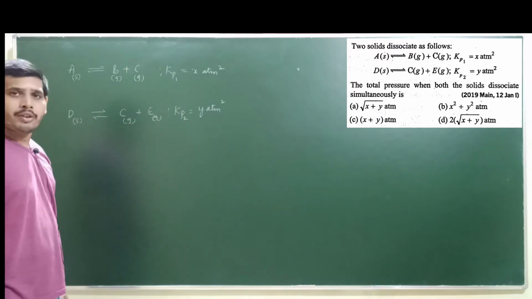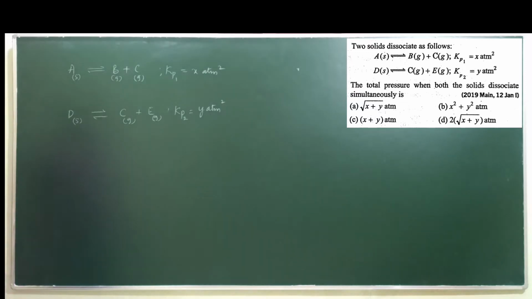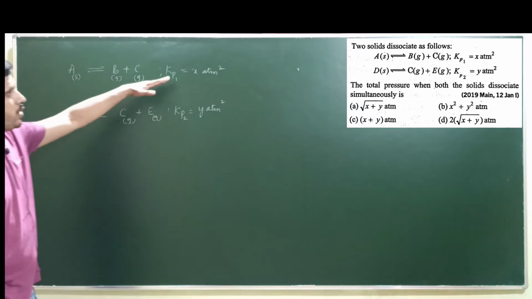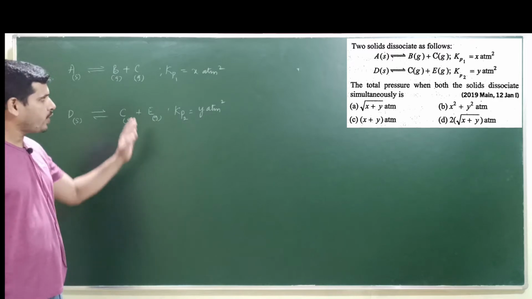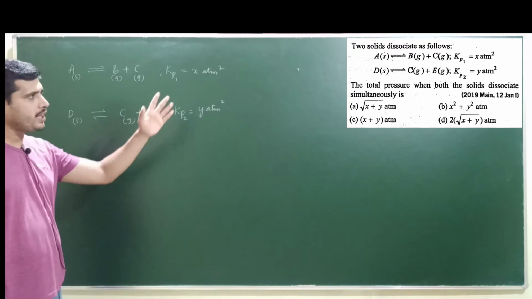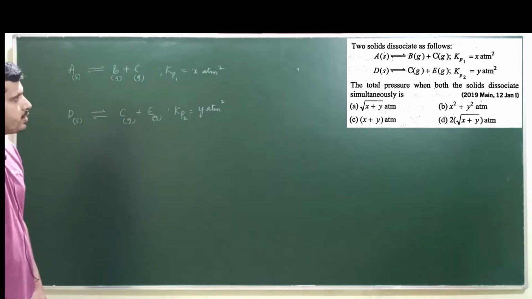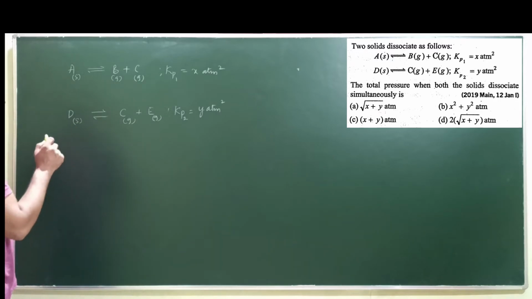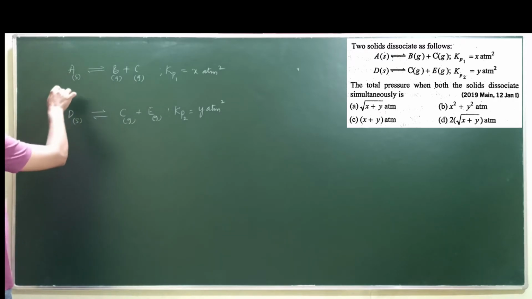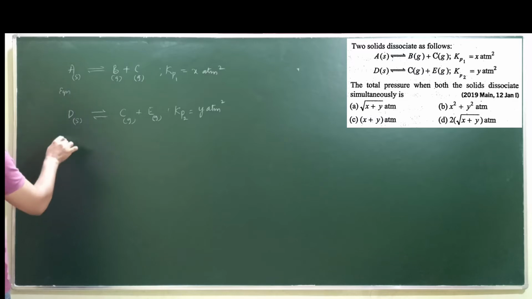So what we do is we find out Kp1 and Kp2 separately. Then we'll know the total pressure, so that we can connect this to the equilibrium constants X and Y. The solution goes like this. Let me write the equilibrium pressure of the individual reactions.